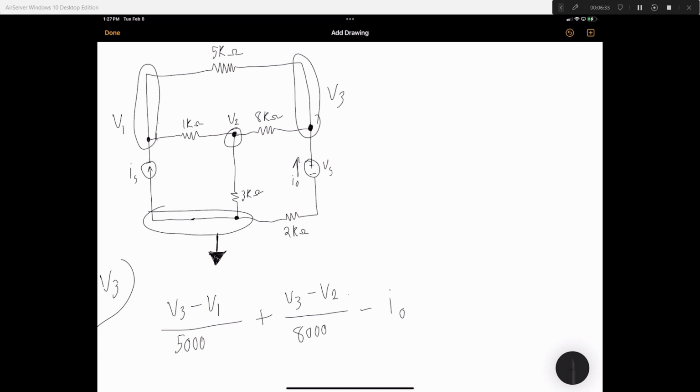There's no actual resistor in between those two nodes, the V3 and V sub S. It's a little tricky.